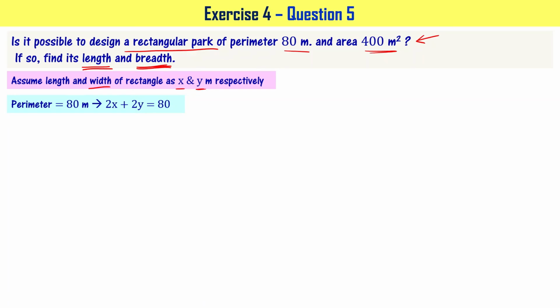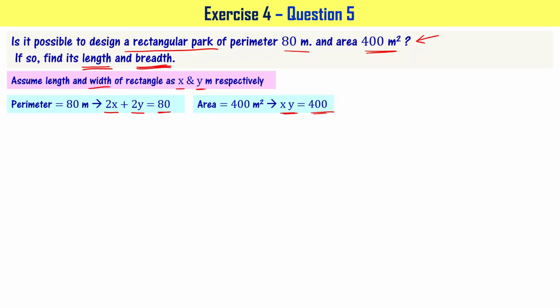We know that perimeter of the rectangle is 2 times length plus 2 times width, right? That's why I have written it as 2 times x plus 2 times y, that is equal to 80. This is one equation we have. Now area is given, that is 400 meters square. Area can be written as length times width, that is x times y, that is equal to 400.